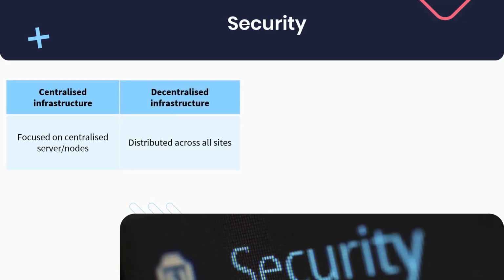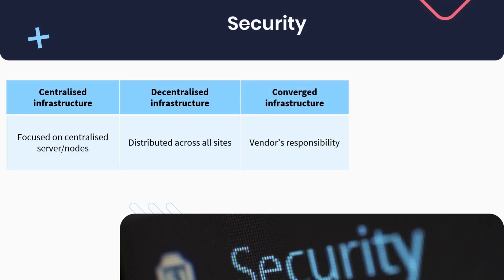Then, if we look at security, a centralized infrastructure has its security focused more on the headquarters centralized server or nodes, which support other remote sites. In the case of the decentralized infrastructure, the company distributes its security across all sites within the company infrastructure.